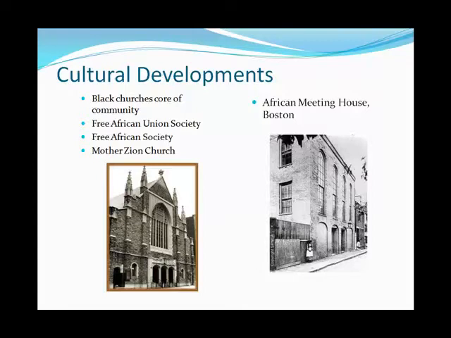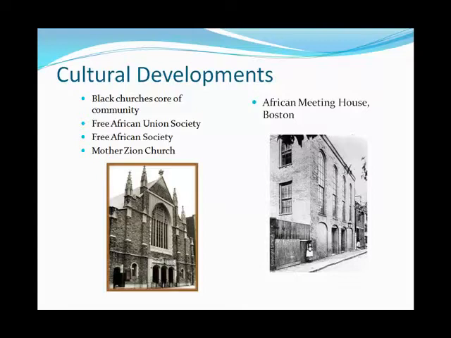The American Colonization Society is a group that's organized in the 19th century, and it's very different from the Free African Union Society in that the American Colonization Society is primarily an organization of very prominent white Northerners and white Southerners who are trying to encourage free blacks to go back to Africa for their own reasons, for the Colonization Society's own reasons. And again, we'll talk about that a little later when we look at the protest or the challenges to slavery.